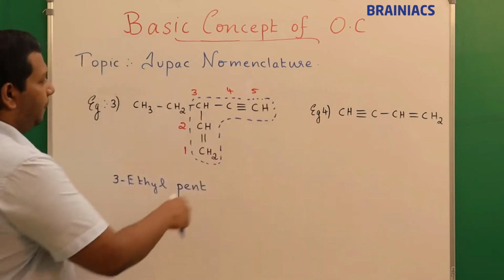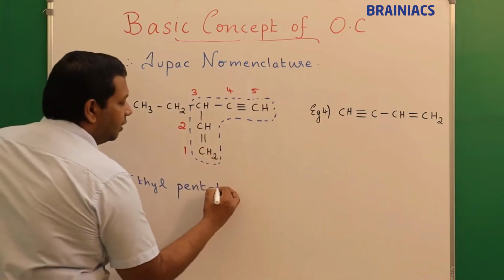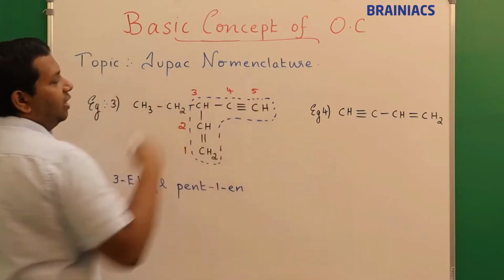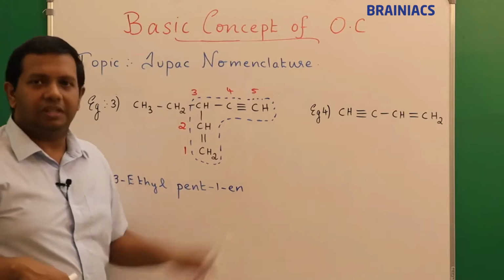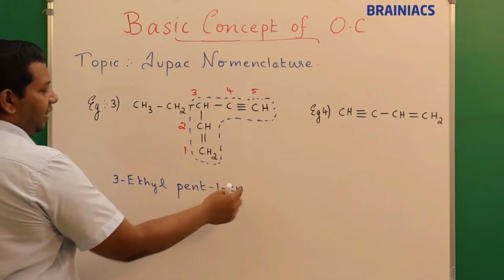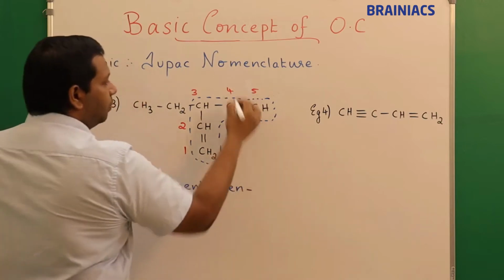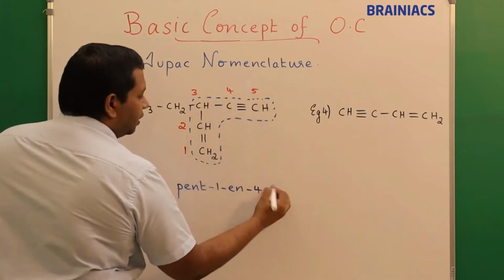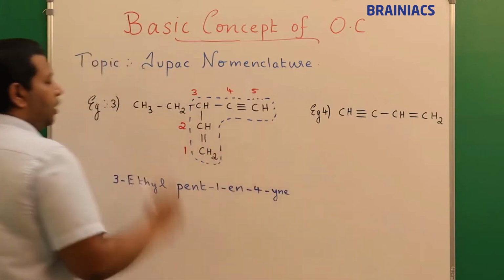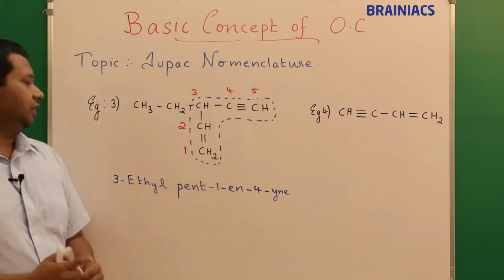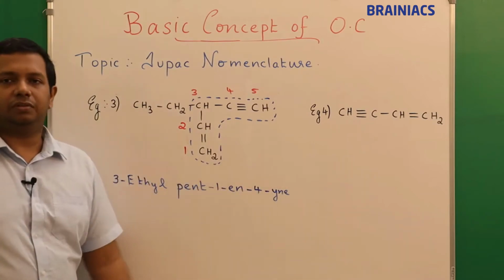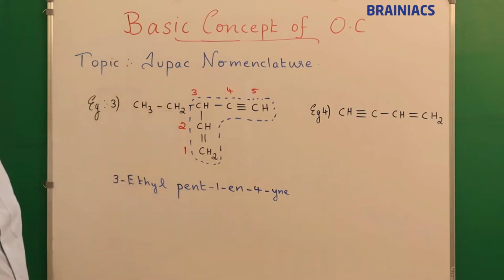So I can say pent-1-ene. But I should not write the final e of "ene" because "yne" is also there, so I will remove the last e: pent-1-en. Then the position of the triple bond, that is 4, then hyphen, then "yne", because there is nothing else at the end. So this is the IUPAC name: 3-Ethylpent-1-en-4-yne. Understood? This is the way you should do the IUPAC naming.